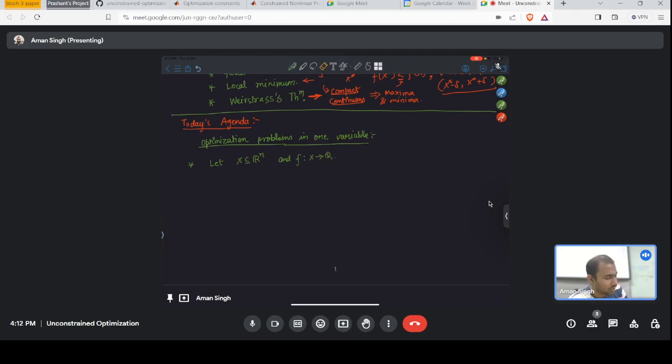Its output is a single real number, but it takes n values, because X is a subset of an n-dimensional vector space. If we try to solve this kind of problem, minimum over x of f(x), such that x belongs to this capital set X, then this is a constrained optimization problem.